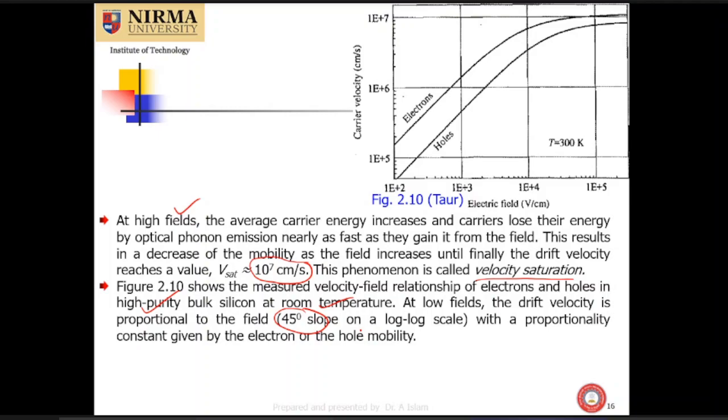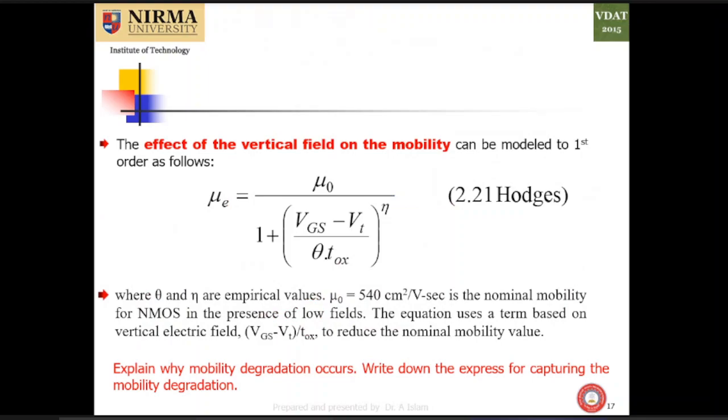The effect of the vertical field on mobility can be modeled to first order as follows. Effective mobility, if you consider the vertical field: VGS minus VT is the effective voltage, divided by the oxide thickness.